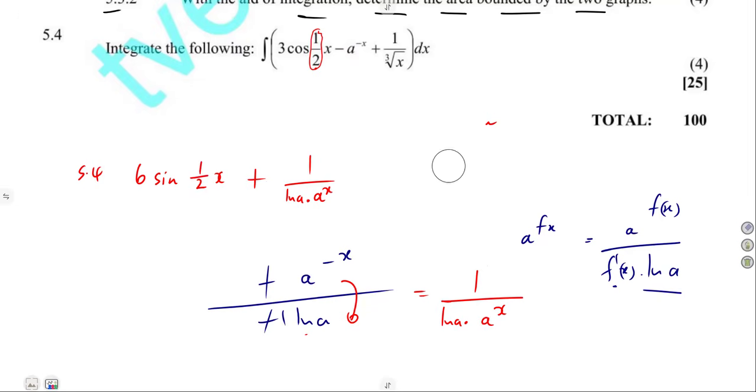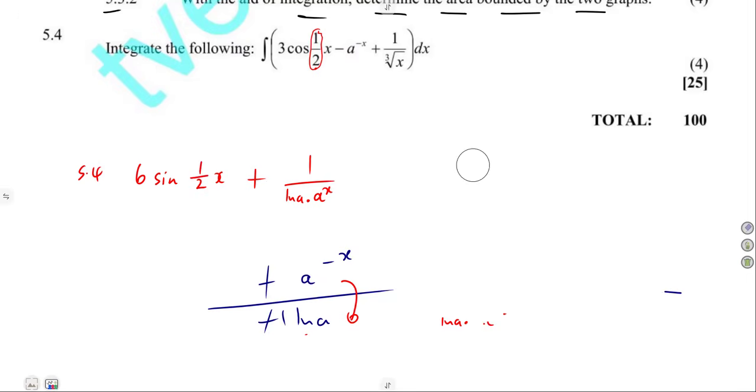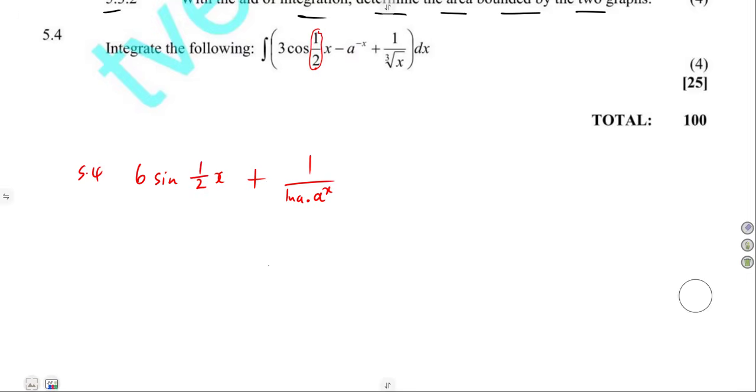Then the last one, it is x and algebraic, so you can get rid of the cube root of x. So it's 1 over x to the exponent of a third. When you take it up, it's going to be a negative third. Remember, when integrating, you add to the exponent.